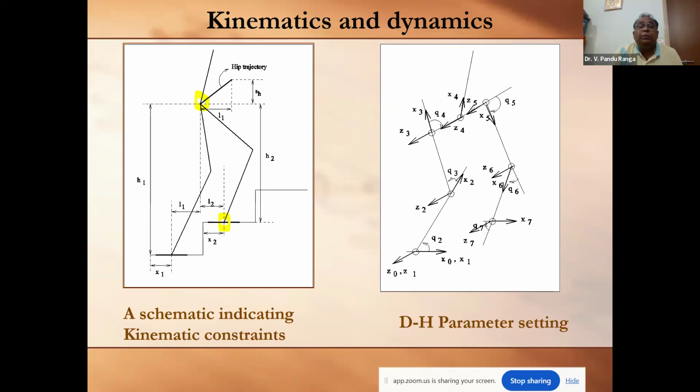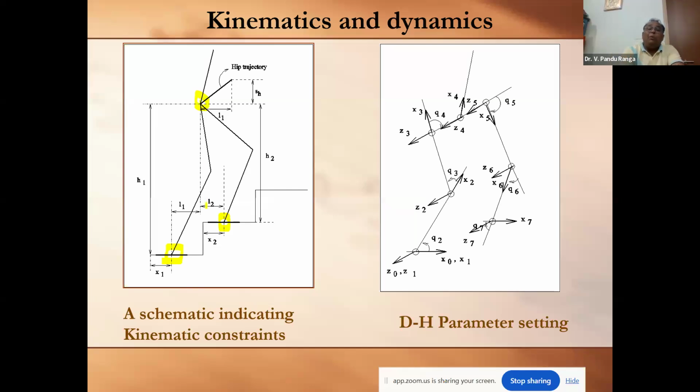This is the position of the stance leg, and this is the position of the about-to-swing leg. When the robot is located on the staircase, this is the location of the hip joint, this is the location of the stance leg, and this is the center point of the would-be swing leg.